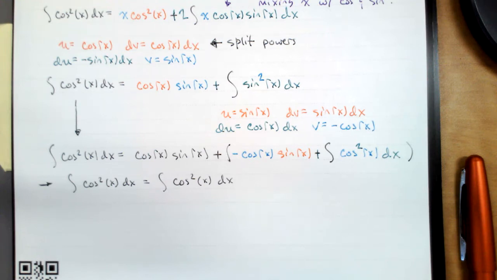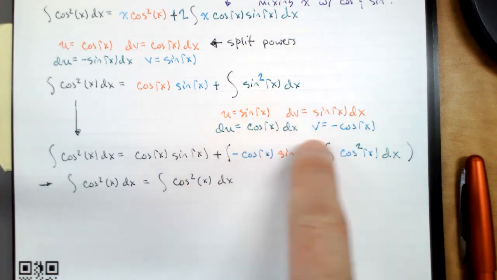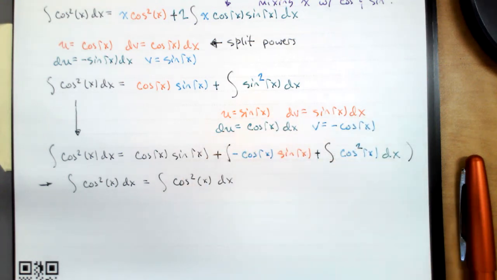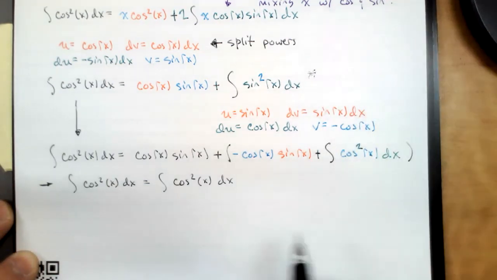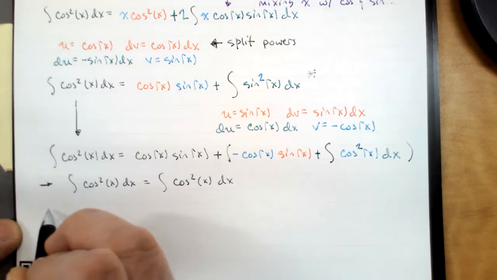So let's pick up where it went wrong here. This strategy was the same. It's not going to get us out of anything. So let's retcon back to this line because I'm still on this splitting the cosine.